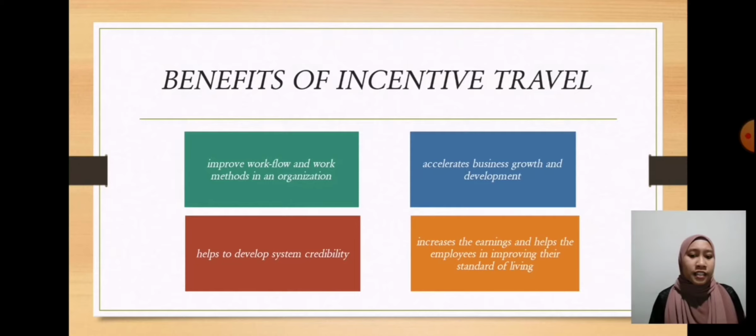Next, the incentive table can also help to develop system credibility. Incentives encourage healthy competition in the workplace, and that is why they are deemed helpful for an organization. Lastly, the incentive table can increase earnings and help employees improve their standard of living.